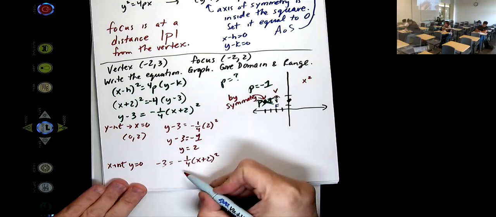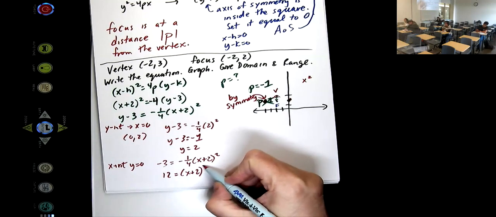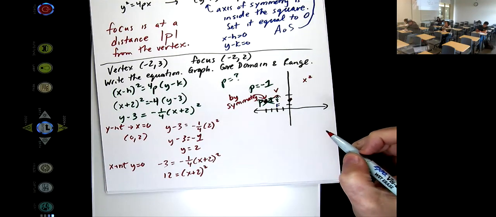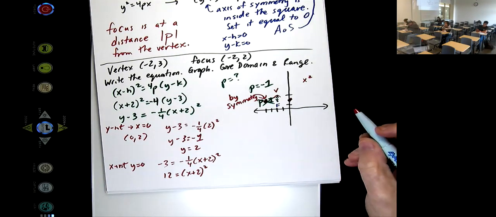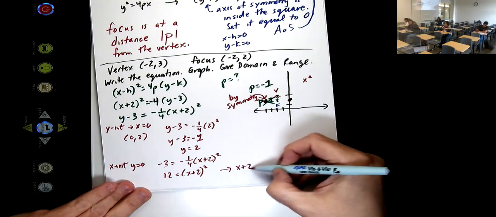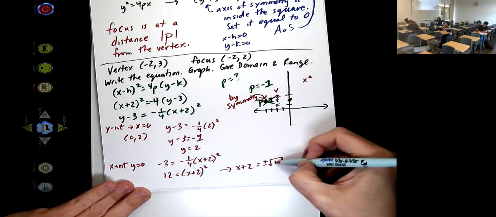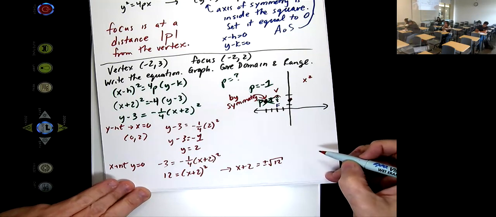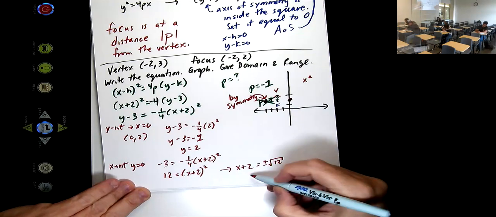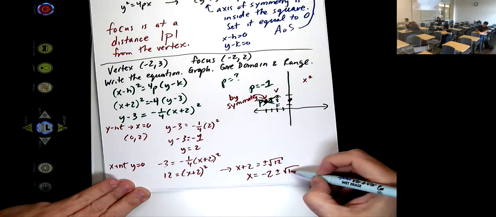So if I multiply by -4, I get 12 equals (x plus 2) squared. Which means x plus 2, if I take the square root of both sides, is plus or minus the square root of 12. So x equals -2 plus or minus the square root of 12.